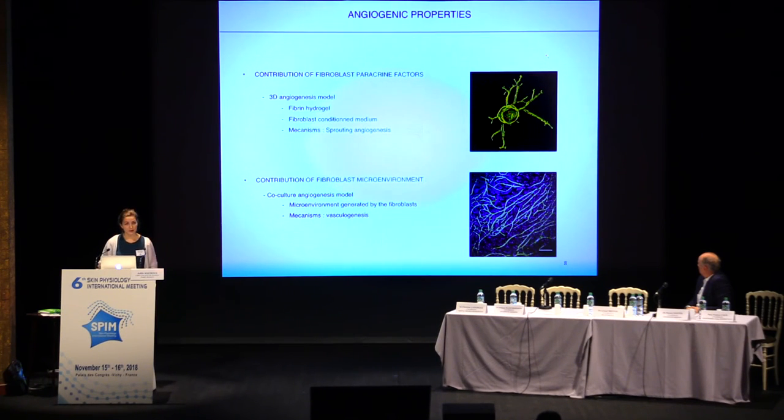In the second model, we study the contribution of the fibroblast microenvironment themselves. So we let the fibroblasts make their own extracellular matrix, and then we see how it affects capillary formation. This model is mainly recapitulating characteristics of vasculogenesis.